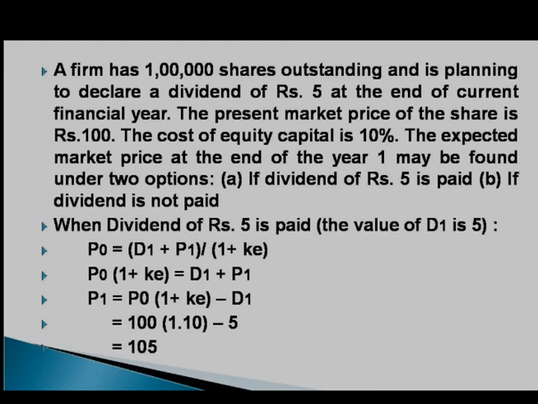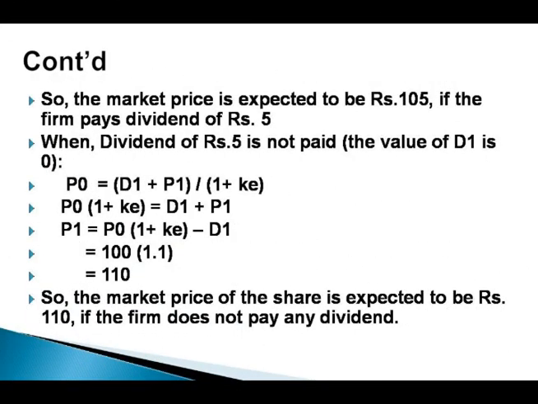Now what will happen if we don't distribute dividend? So here is the solution. The market price is expected to be 105 if a firm pays a dividend of rupees 5. That has already been clear. Now when the dividend of rupees 5 is not paid, the value of D1 becomes 0, and then we get P1 as 110. So 110 is more than 105.